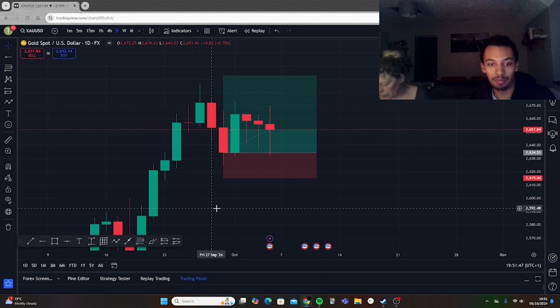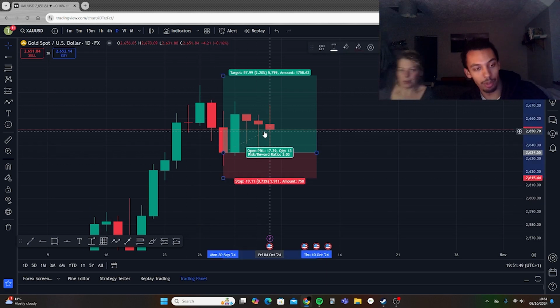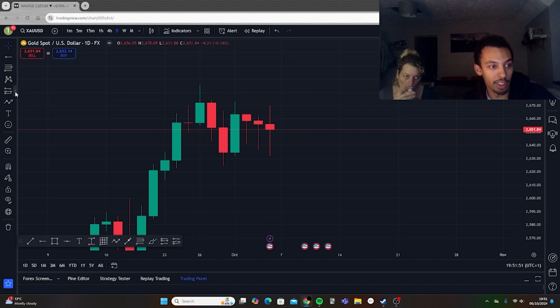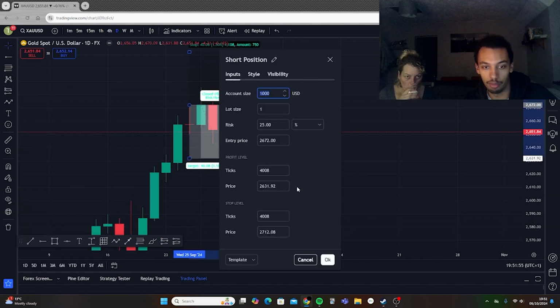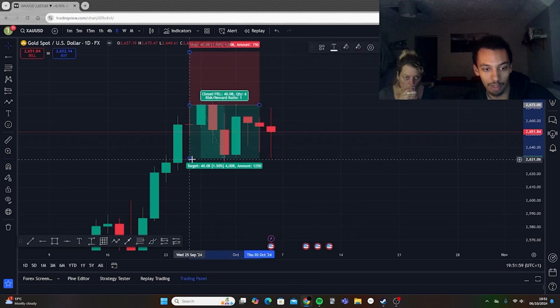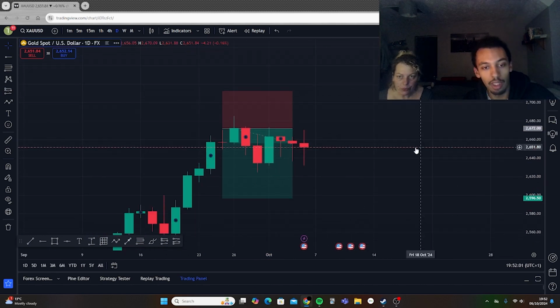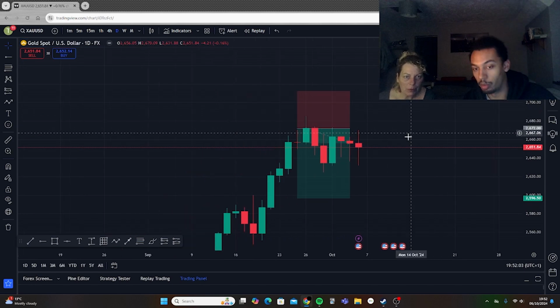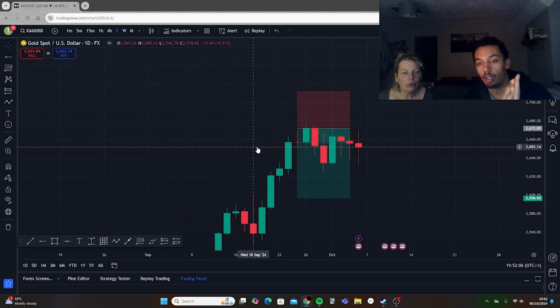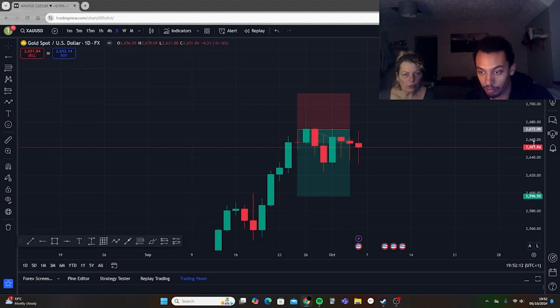Okay, great. And then I'll just quickly go through the same on the other side. So a short position would be a sell position. I've got that set up to my weird colour scheme as well, so I'll move that back to green and red. Like I say, we could then move our gold into US dollars and then sell the market as well and bet on it going down.